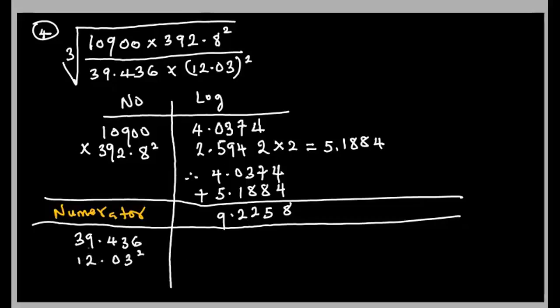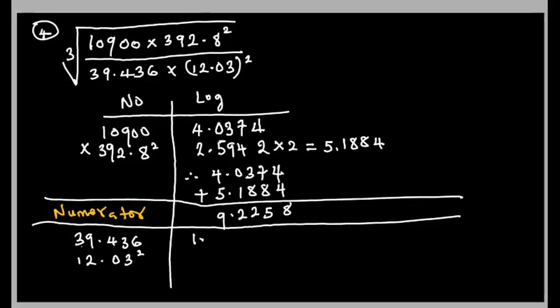For this number, what is the characteristic? The whole number here is 39. That is just two digits, 3 and 9. So we do a minus 1. We have 1 point something.